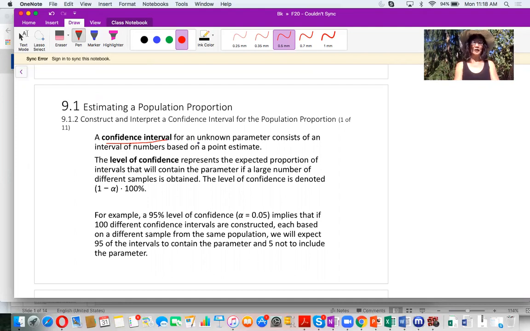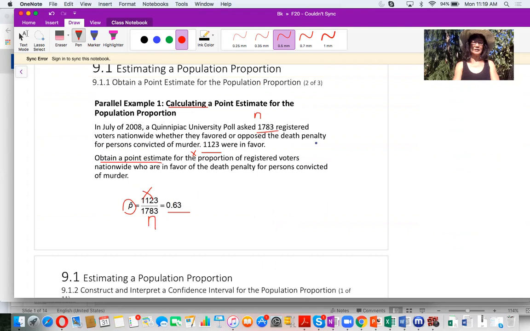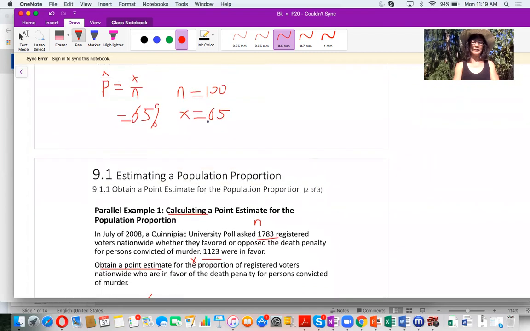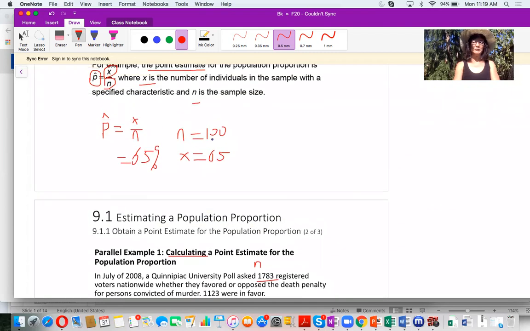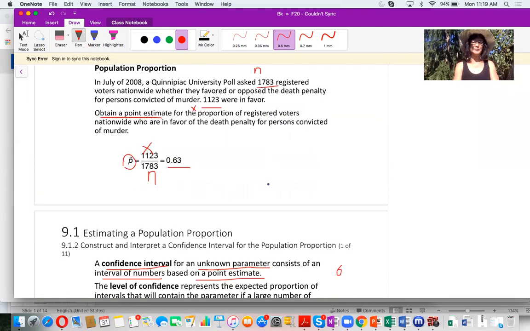A confidence interval for an unknown parameter, for example population proportion, consists of an interval of numbers based on a point estimate. For example, out of 100 students, 65 have a part-time job.